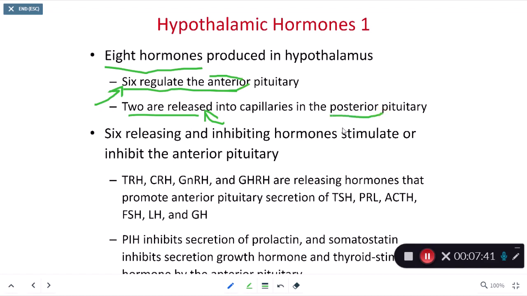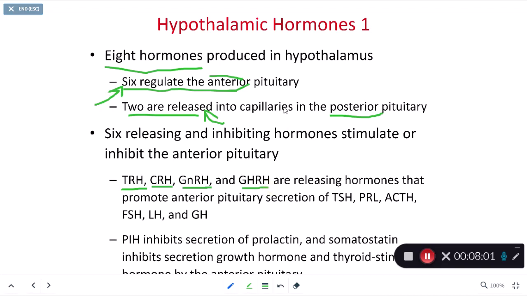The 6 releasing and inhibiting hormones that are going to the anterior pituitary are fairly straightforward. We have thyroid releasing hormone, corticotropic releasing hormone, gonadotropic releasing hormone, and growth hormone releasing hormone.